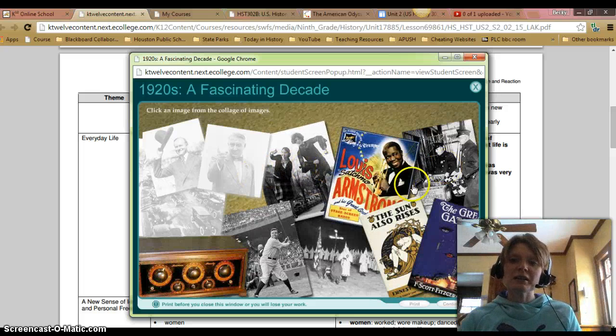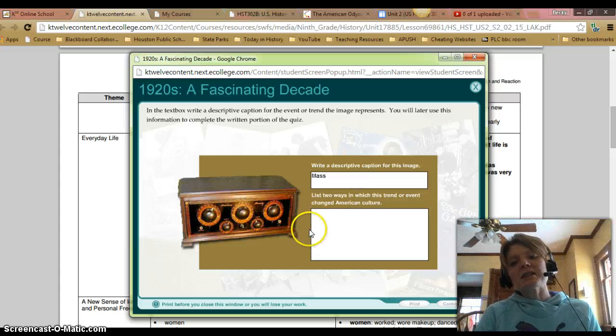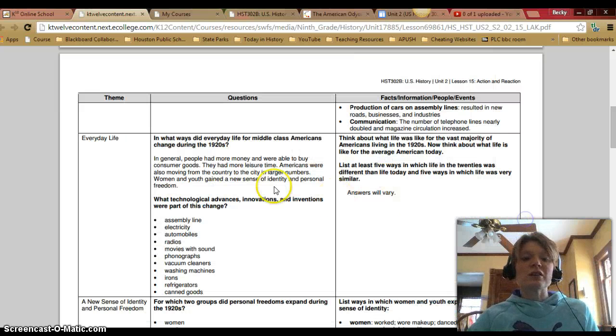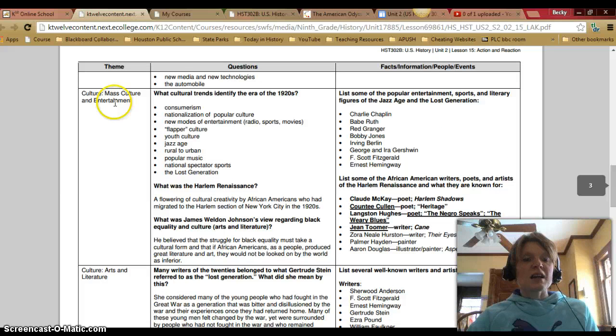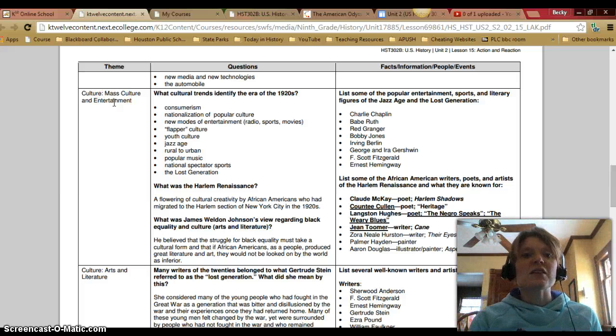Okay, let's pick, how about this radio? So we could talk about mass communications and culture. How did this trend or event change American culture? Well, let's look at mass culture and entertainment. Oh, there's lots of stuff there that we could put down.